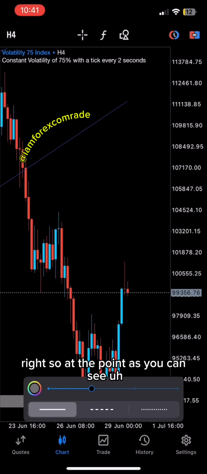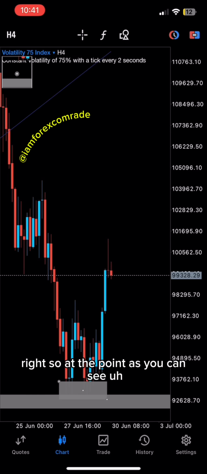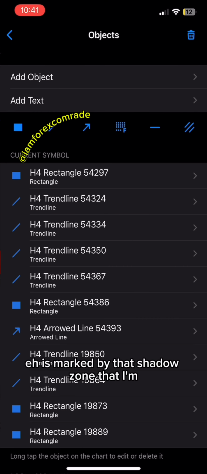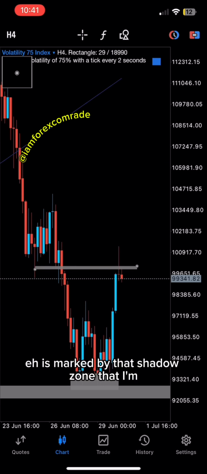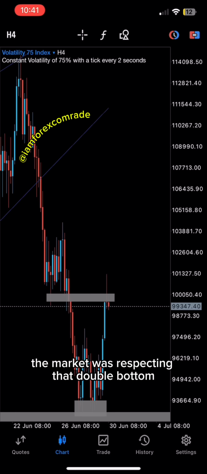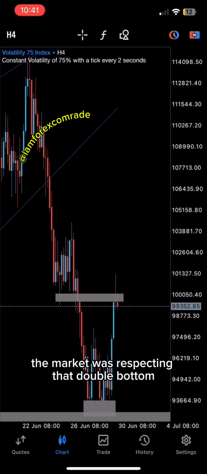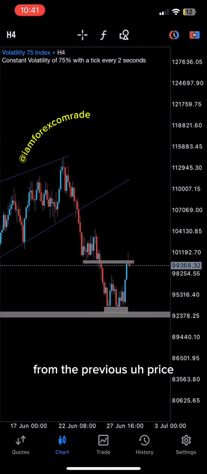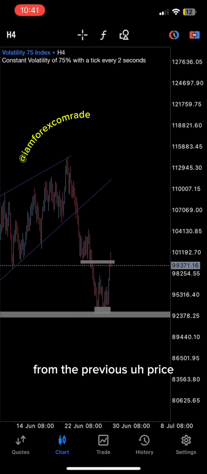Right, so at this point, as you can see, this was a double bottom, marked by that shadow zone that I'm drawing. And then the market was respecting that double bottom, but it reached a point where it was facing the resistance from the previous price.